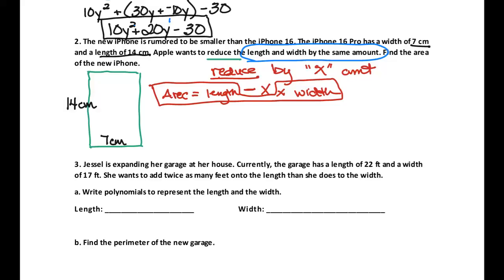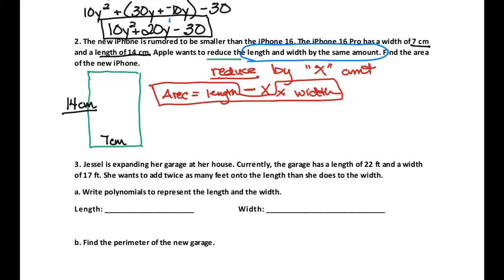My length was 14 centimeters. If I reduce it by X, what is my new amount? What's my new amount going to be? It was 14, and I want to reduce it by X. What's my new amount going to be? Guys, come on, put on your thinking caps. It was 14.